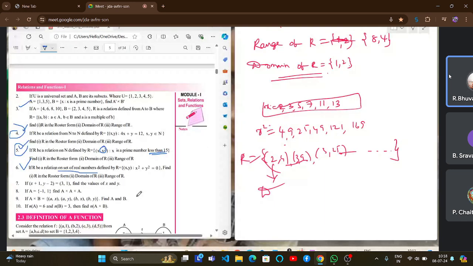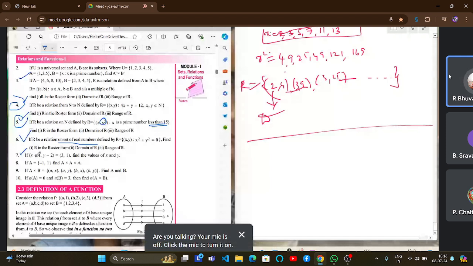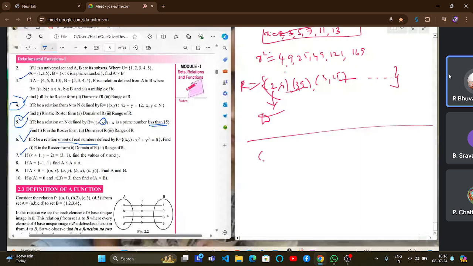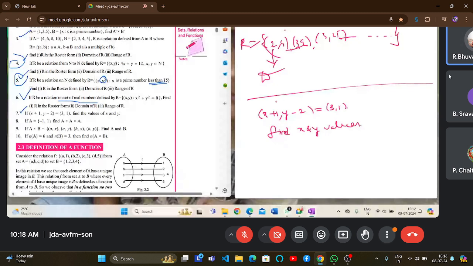Next, the seventh one. Find x and y if (x plus 1, y minus 2) equals (3, 1). Find the x and y values. Here there are 2 values, and here also 2 values.